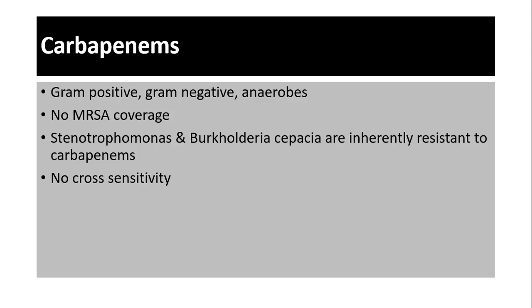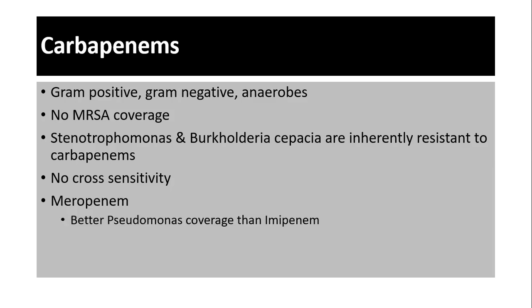You need to call the lab and ask them to check whether it's sensitive to imipenem or not. Same is the case with ertapenem. If the organism is sensitive to meropenem, it does not mean that it is also sensitive to ertapenem. You need to check it also.